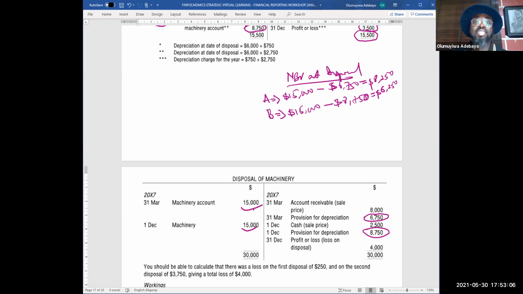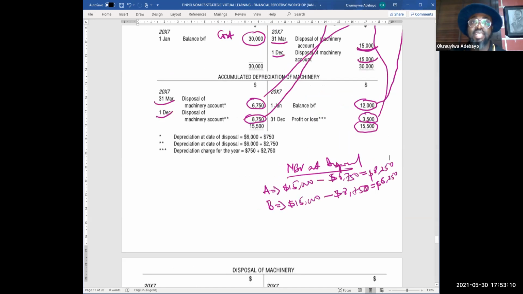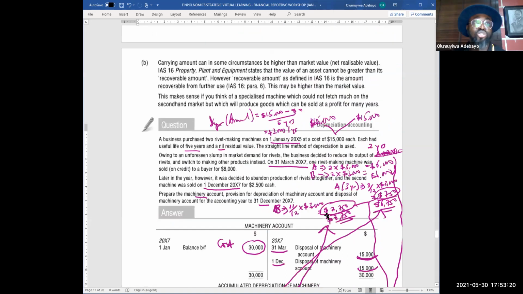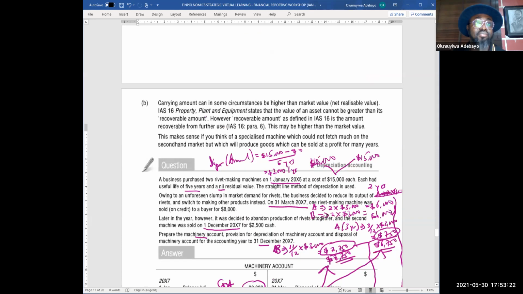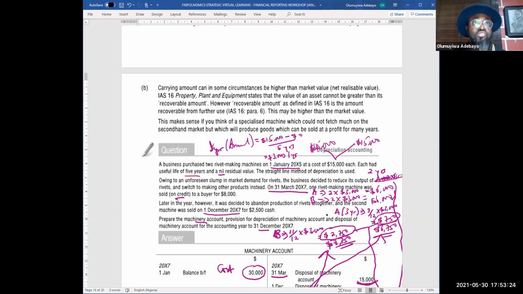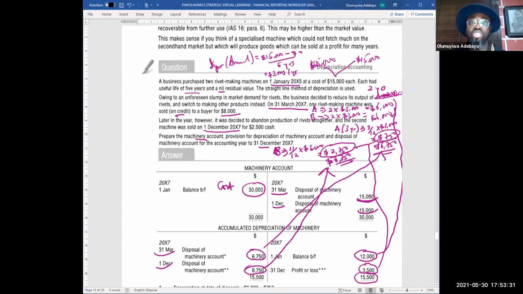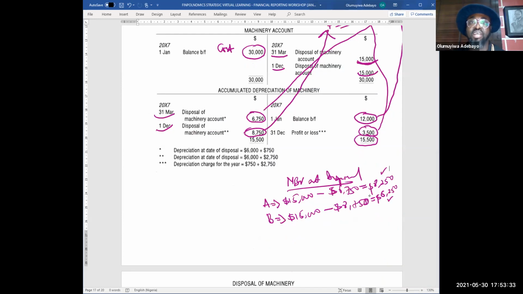Which then means that, given that these are the values of the assets at the point of disposal, how much was the asset sold for? The first asset was sold on credit for 8,000, which means 8,000 falls short of the value we have here, so that one was sold at a loss of 250.